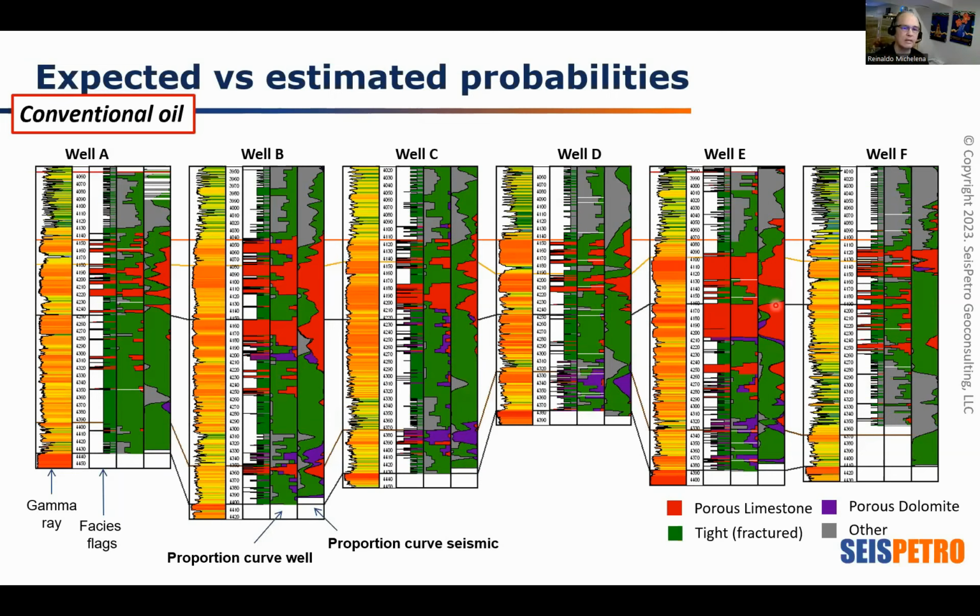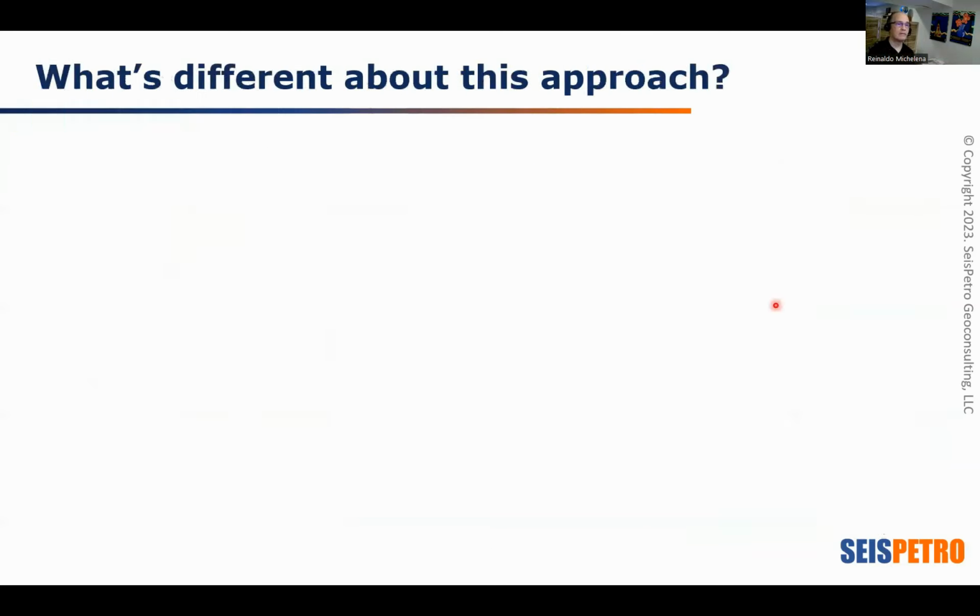Okay, so you may be wondering now, how do we explain in more detail the differences between this approach and other approaches that are commonly applied in other commercial applications? So what's different about this approach? The difference of what we do compared to other commercial applications can be summarized with basically one word.